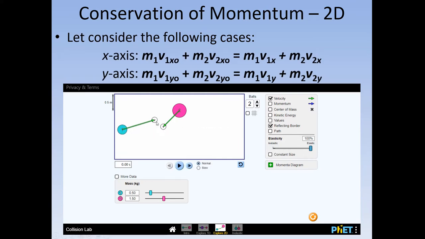So here is one example of a two-dimensional motion problem that you could have. We have one ball moving forward, and it's going to strike another ball, and they bounce off in these directions. So in this case, in the initial setup, this was the only one that had momentum, and it only had momentum in the x direction. So the equation up top, this term would drop to zero because initially this object had momentum, but this object was at rest.